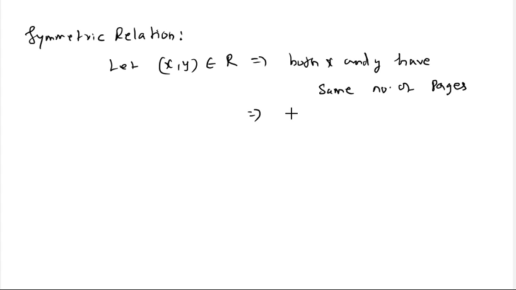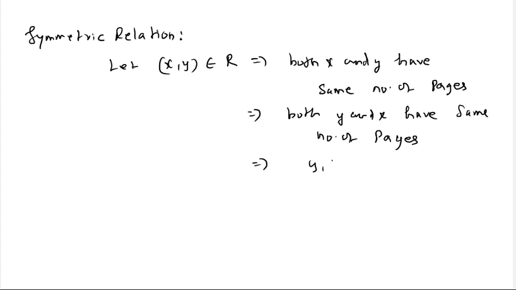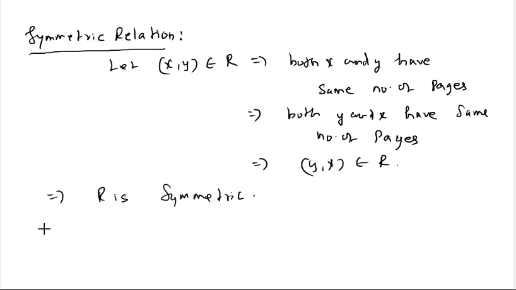And this implies we can interchange them: y and x have the same number of pages. This concludes that (y, x) is also an element of the relation R. So this shows that the relation R is symmetric. Okay, it is symmetric. Next we have to test transitive.